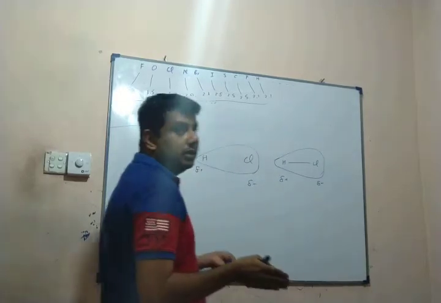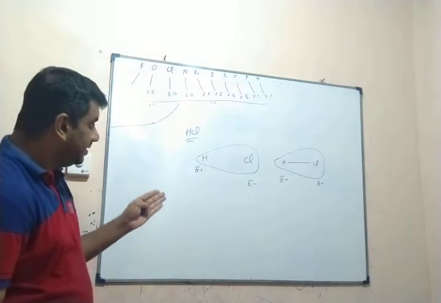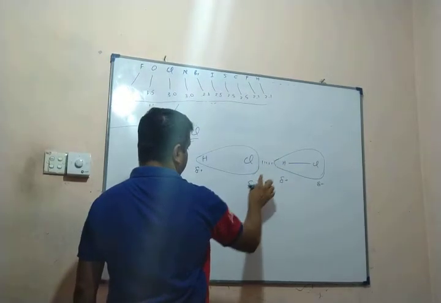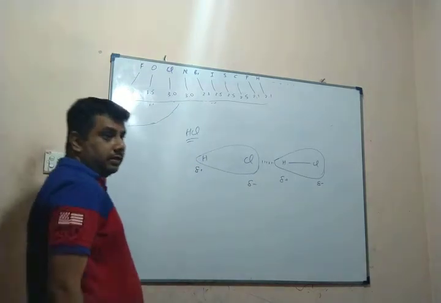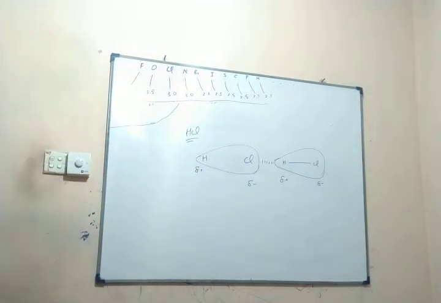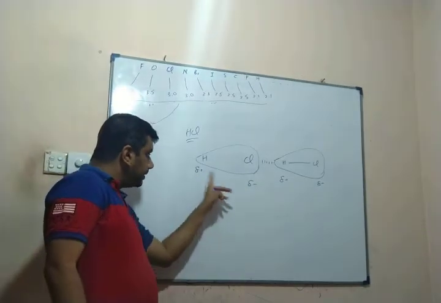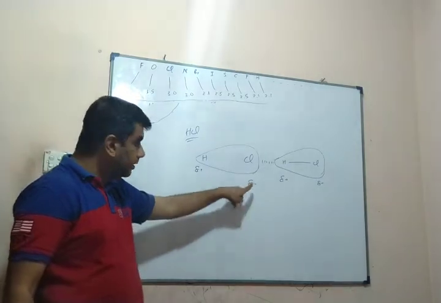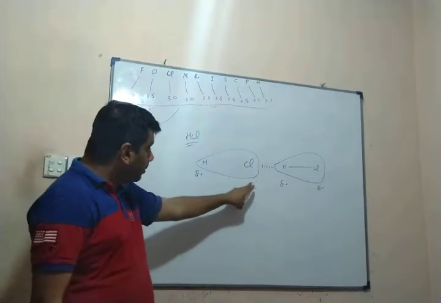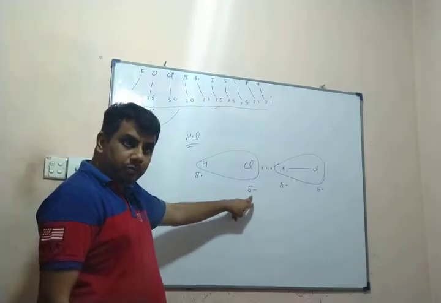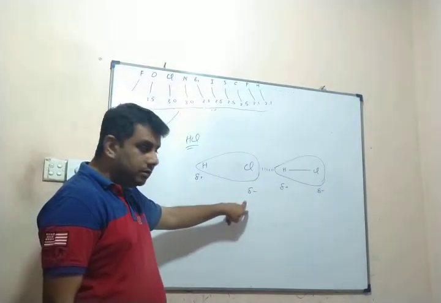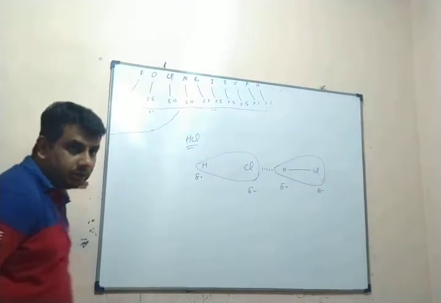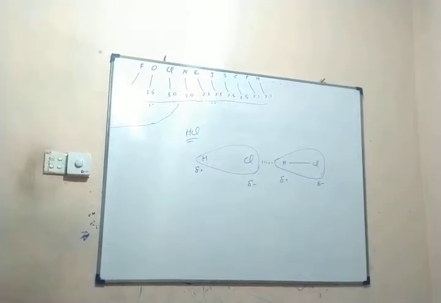You can easily see that there should be an attraction between this delta plus and delta minus. There are two poles, delta plus and delta minus, that's why this is called a dipole, two poles. The negative pole of this molecule attracts the positive pole of the other molecule, and this type of attraction is called dipole attraction.